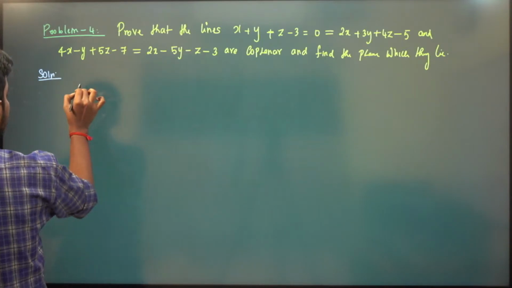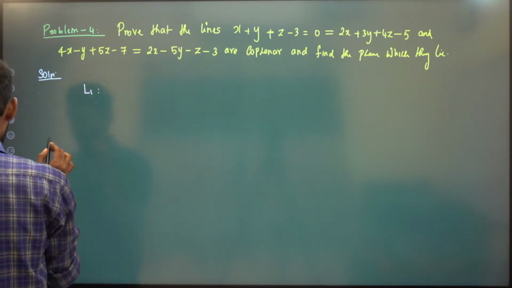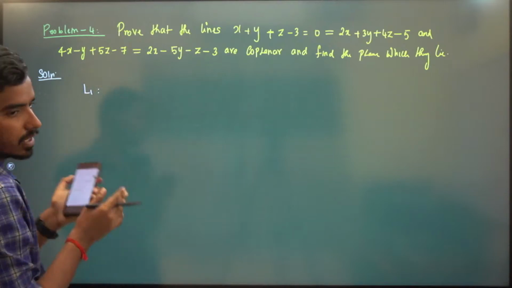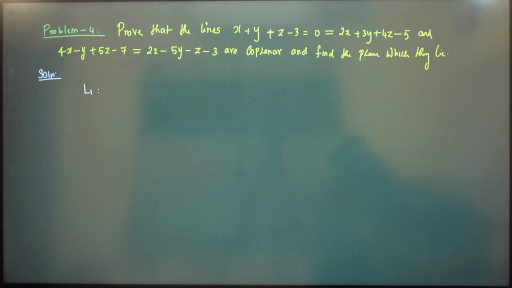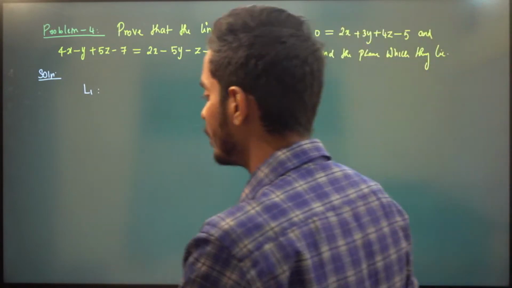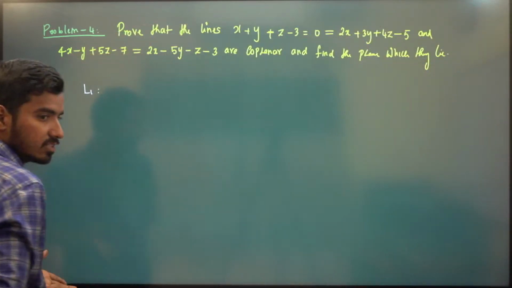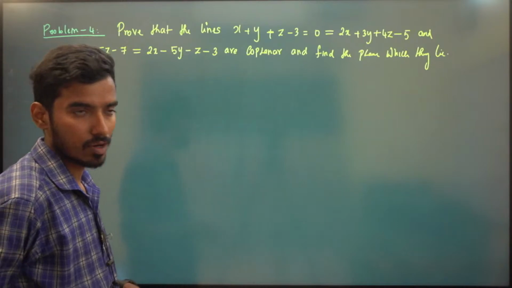See, if you convert this to symmetrical form, symmetrical form need not be unique, right? If you put x is equal to 0 and solve for y, z, you will have one symmetrical form. If another person puts y is equal to 0 and solves for x, z, they will have some other symmetrical form.